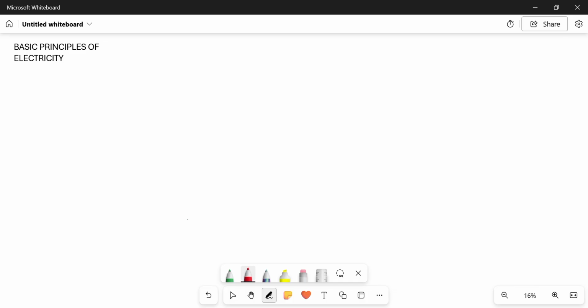So what is an electric charge? An electric charge is matter. It's all matter made out of atoms which contain protons, electrons, and neutrons. So electricity is generated from movement of electrons from one place to another.